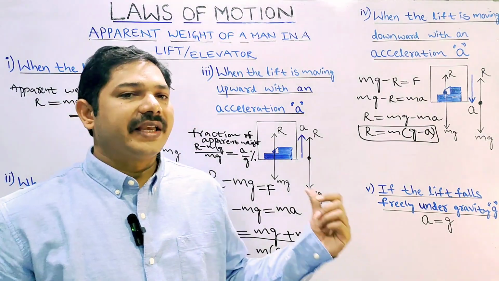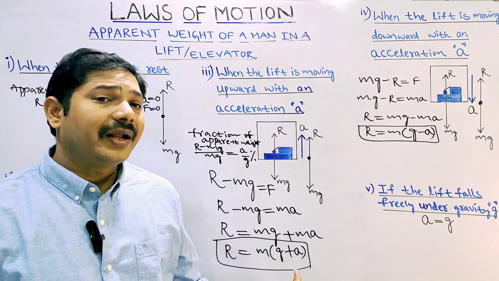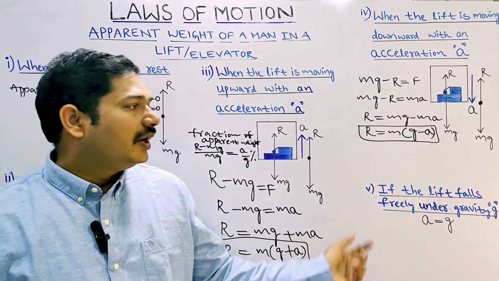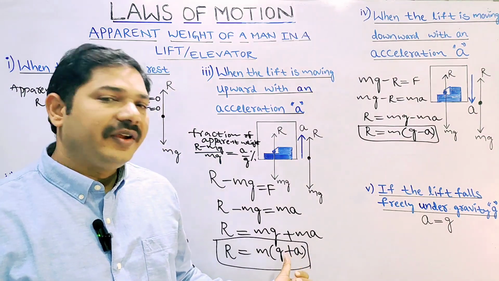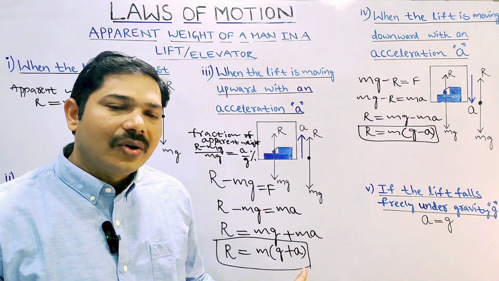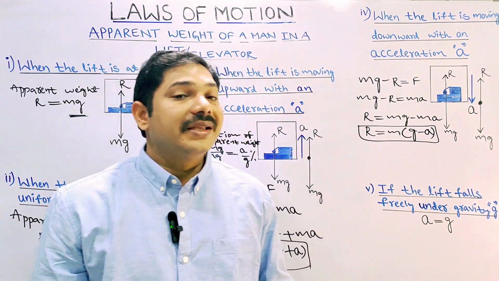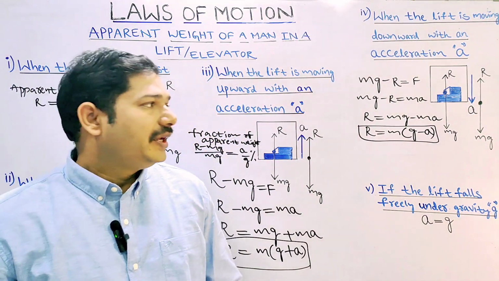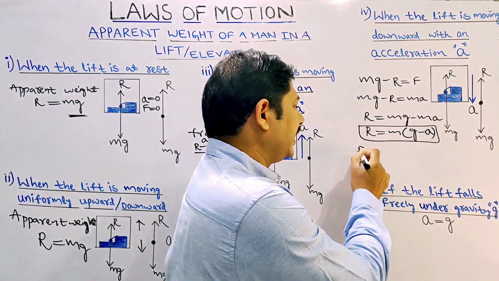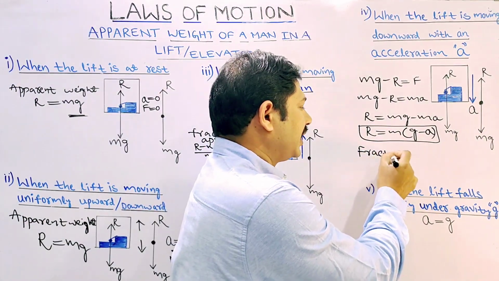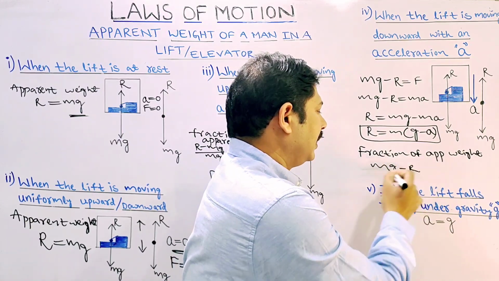In the previous case, when the lift is going upward, R equals m into g plus a. Here R equals m into g minus a. There we feel heavier than the original weight; here we feel lighter than the original weight. Now the fraction of apparent weight change is mg minus R by mg.